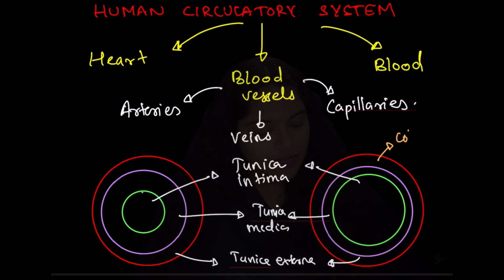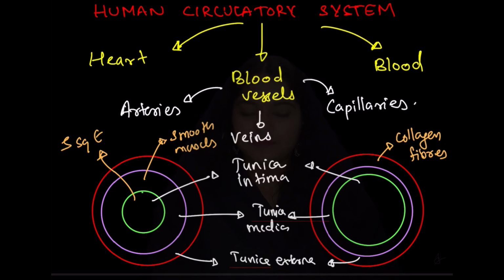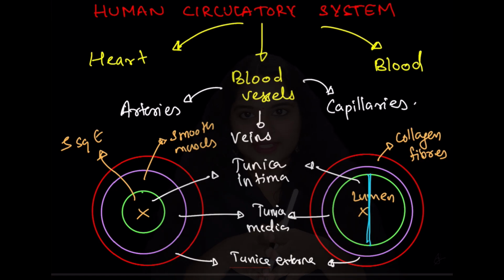The middle layer is made up of smooth muscles, and the inner layer is made up of simple squamous epithelium. The inner portion of these arteries and veins is called the lumen, and the lumen of veins has valves present to prevent backflow of blood.